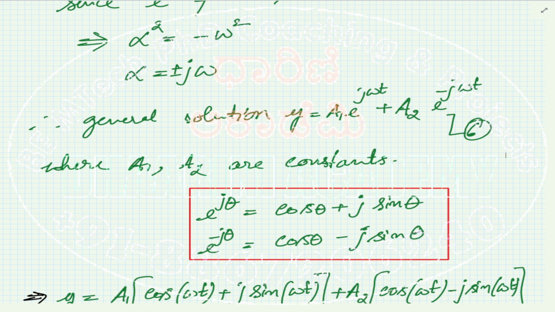So e to the power j omega t and e to the power minus j omega t, we try to substitute the function in terms of theta.